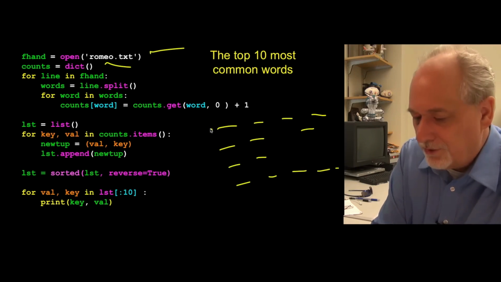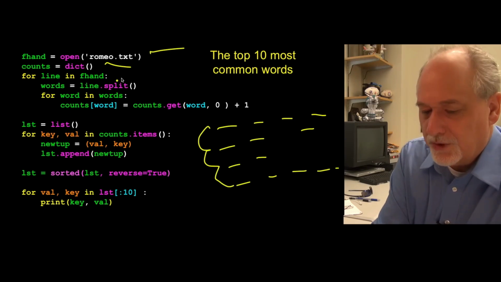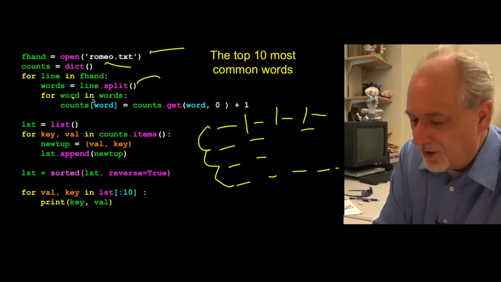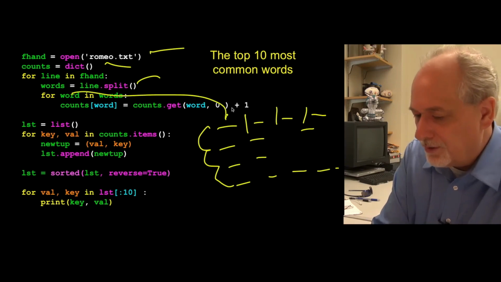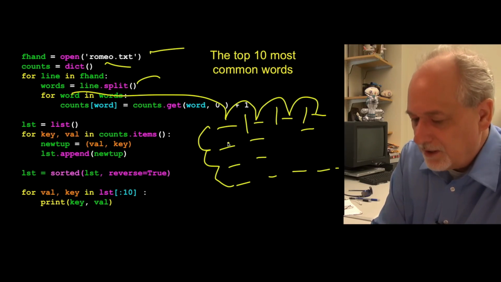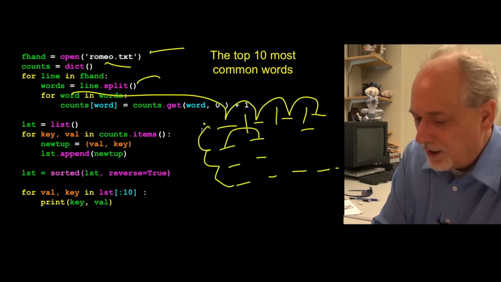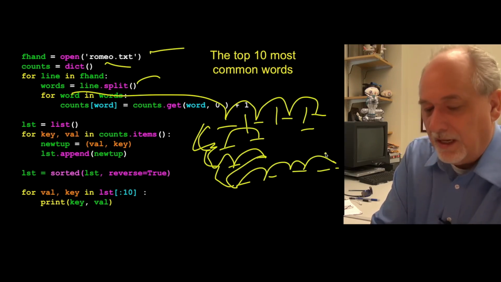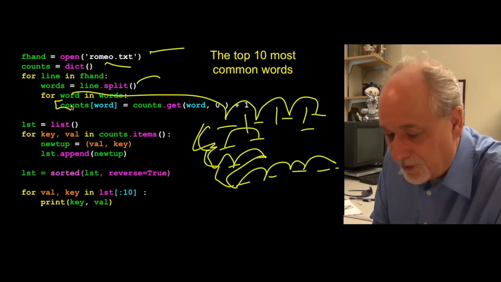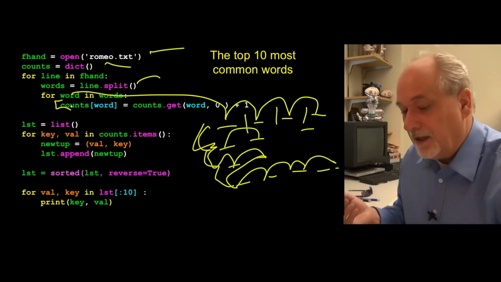This for loop is going to go through each line. And then, of course, we're going to split them, which is busting them into pieces. And then we have a for loop within that. And this for loop is going to go through each word. By nesting these loops, we're going through each line, and then within the line, we're going through each word. Then we go to the next line and go through the words. And eventually, this line of code, counts[word] = counts.get(word, 0) + 1, is our idiom for making a histogram.